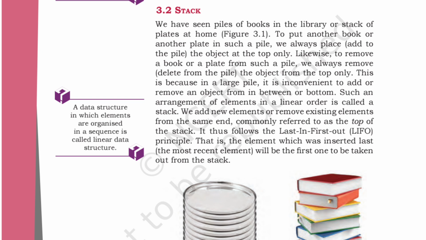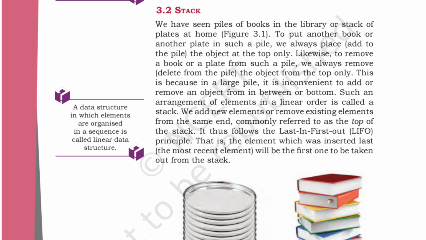Likewise, to remove a book or a plate from such a pile, we always delete the object from the top only. From the top only we can remove one of the plates, or one of the books from the top of the stack.